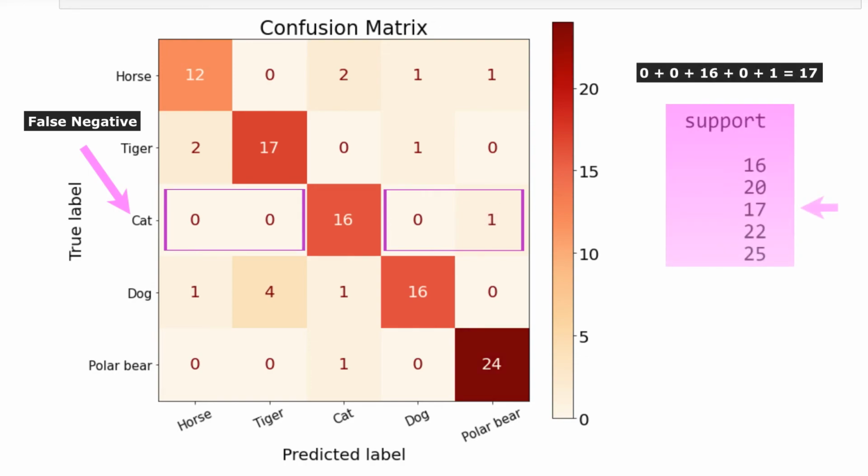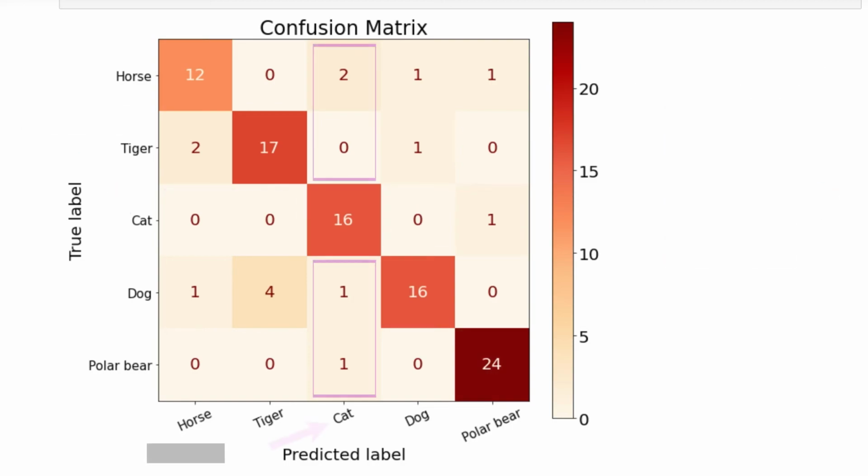If we sum all numbers in this row, we will get the total number of images with cats in our model. In this column that represents false positive cases, 2 images of horses were classified as cats. 1 image of dog was classified as cat, and 1 image of polar bear was classified as cat.